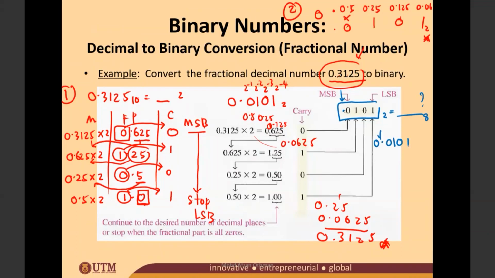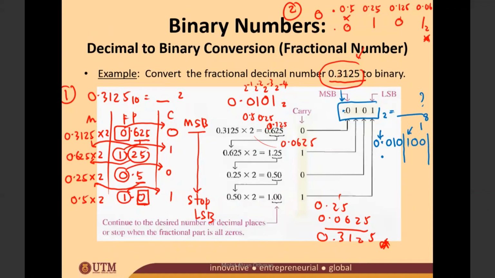Yang ni perpuluhan ya. Kita start daripada titik perpuluhan ni. 1, 2, 3, 1 geng. 1, 2, 3, 1 geng. Yang ni macam mana? Yang ni ada seorang je. Tak cukup. Kamu tambahlah lagi kosong kat belakang dia. No problem. So yang ni 1 geng.